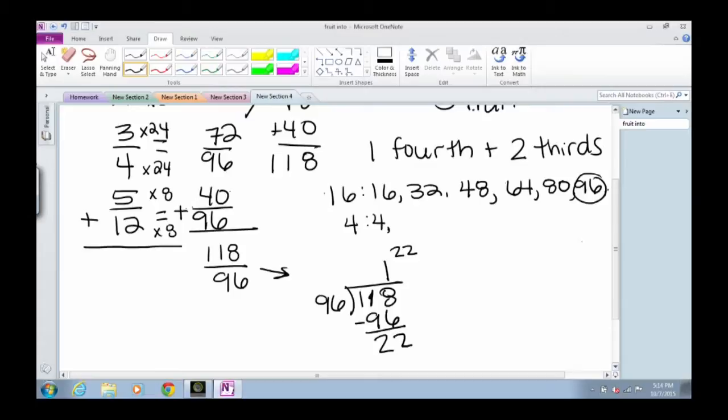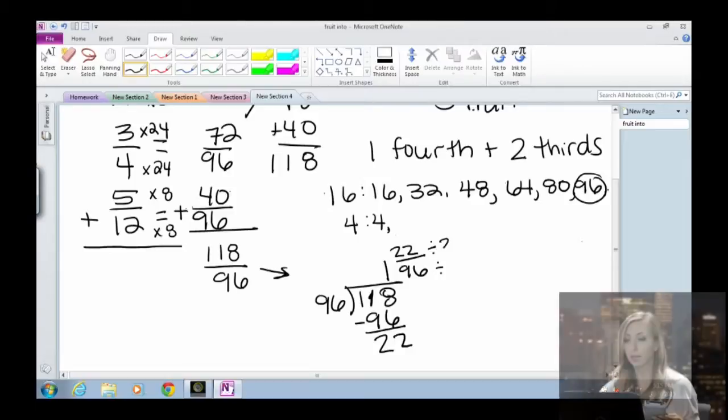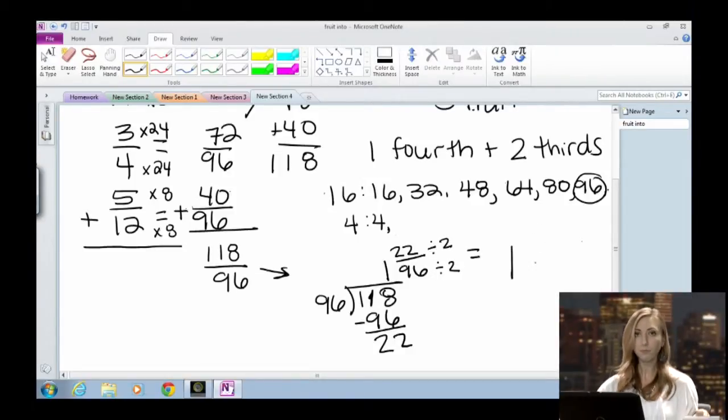So the remainder is our numerator, and the denominator stays 96. Now we want to make sure that fraction is simplified completely, so we divide by the greatest number that goes into both of them, and I believe that is 2. And so we end up getting 1 and 11/48.